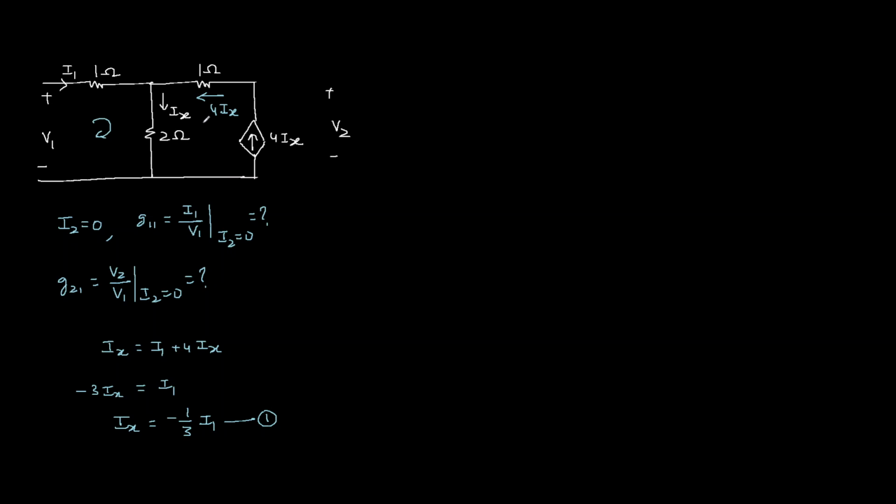So apply KVL in this loop. V1, rise in voltage V1, and then drop across the 1 ohm resistance, and then drop across the 2 ohm resistance, which is 2Ix. Now replacing this Ix from equation 1, this will give 2 by 3 I1 plus I1, and 2 by 3 minus 1 is minus 1 by 3 into I1.